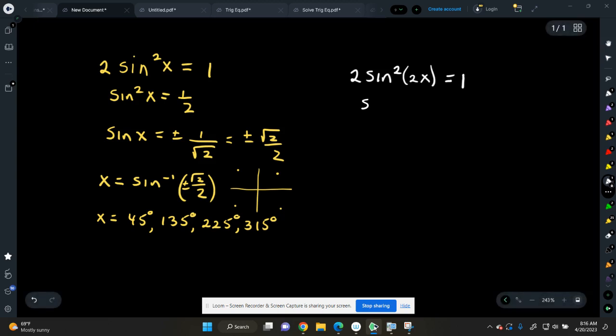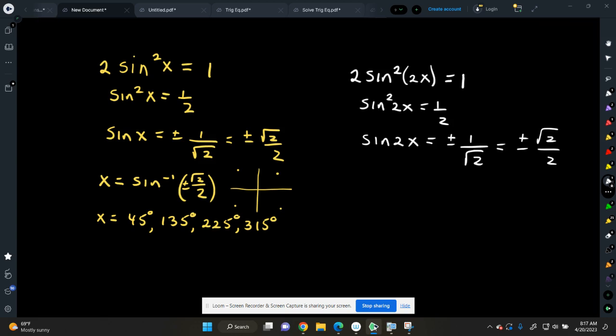We're going to do sine squared 2x equals 1/2. So sine 2x equals plus or minus 1 over root 2, plus or minus root 2 over 2. So the difference is at this step right here.